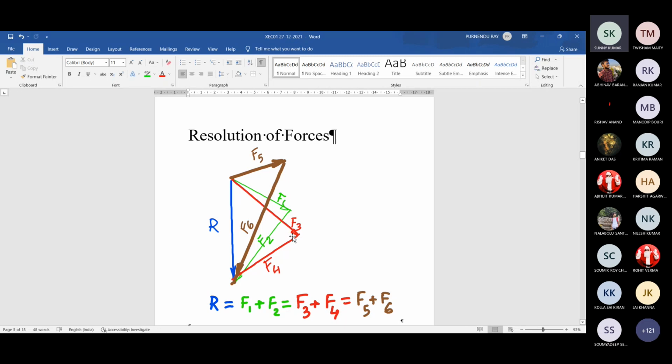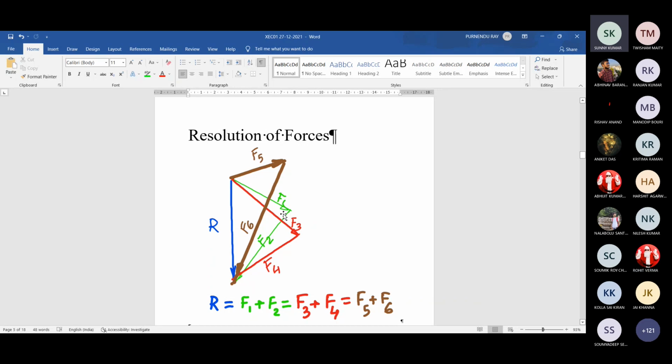According to our convenience, we select any point in that plane and draw this triangle. Now, whenever we have drawn any triangle, suppose this first one, F1, F2, and R, these lines have their lengths equal to the magnitude of these forces, so it is represented geometrically.